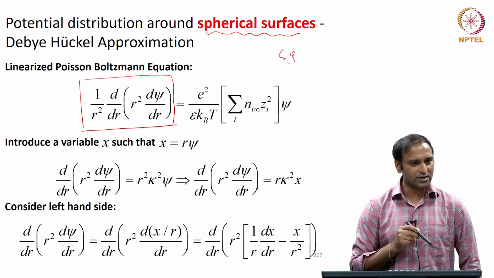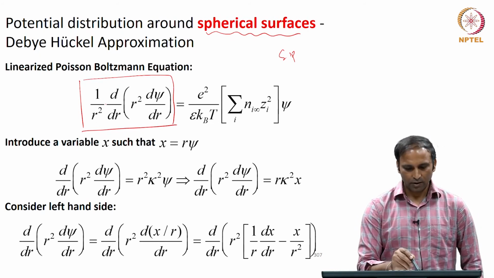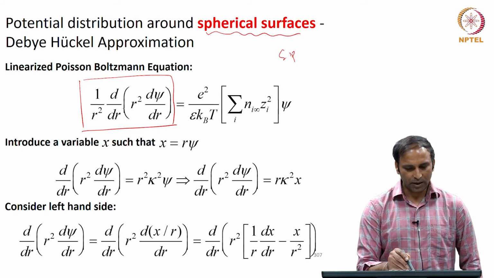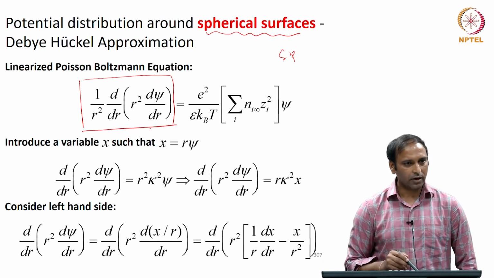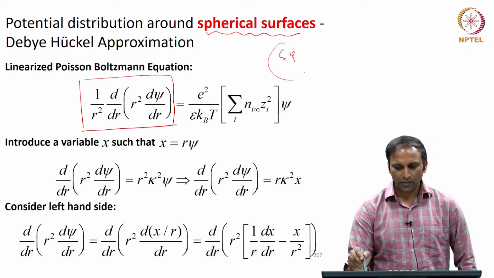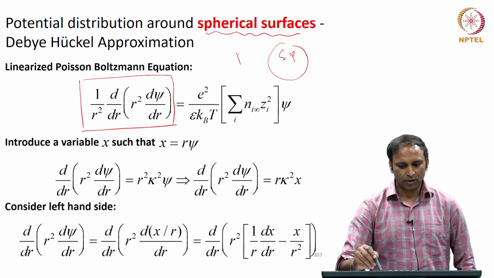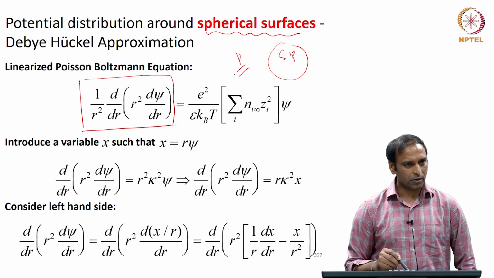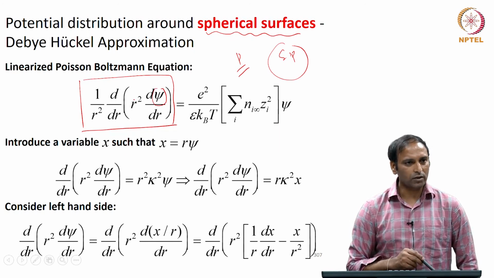Therefore, I only take the first term, that is 1 over r square d by dr of r square into d psi by dr, because I am only worried about how psi varies with r. That is the first term in the general Poisson equation.